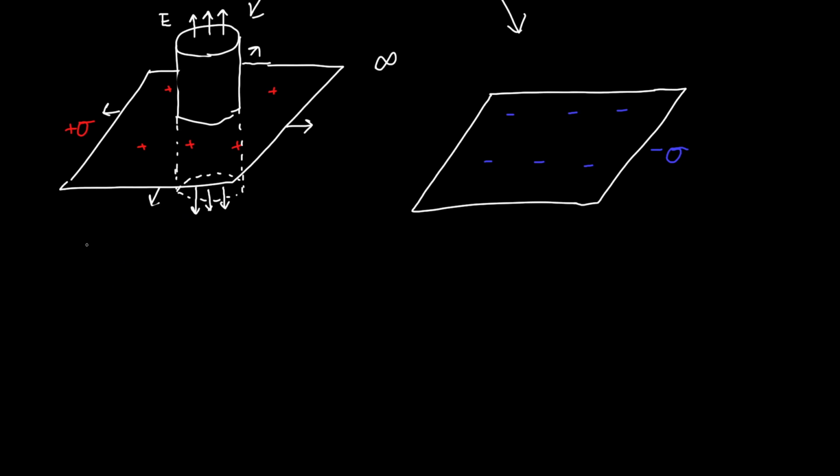Let's start with the relatively easy part, which is the enclosed charge, Q enclosed. And this is just going to be equal to, because our cylinder is capturing some area, the area of the cross-section of this cylinder. We know that it's just the charge inside that area that we care about, which is our charge density times the area.